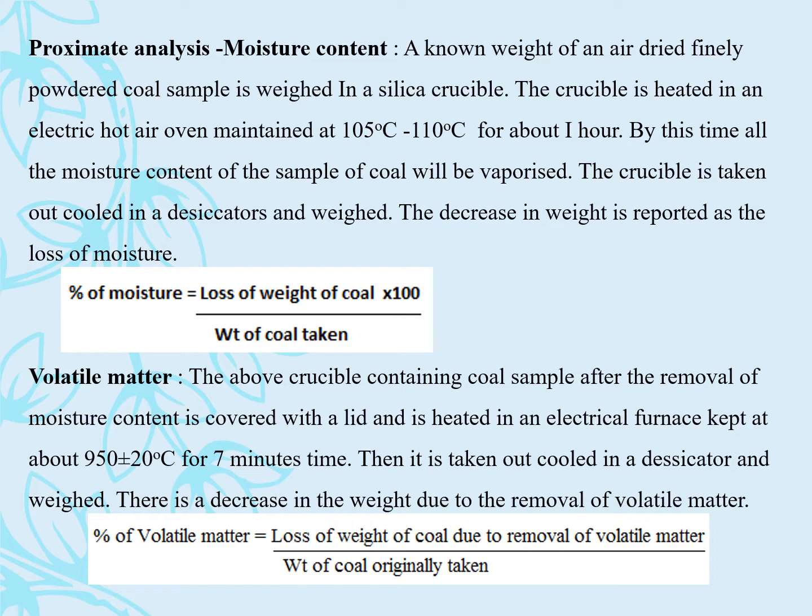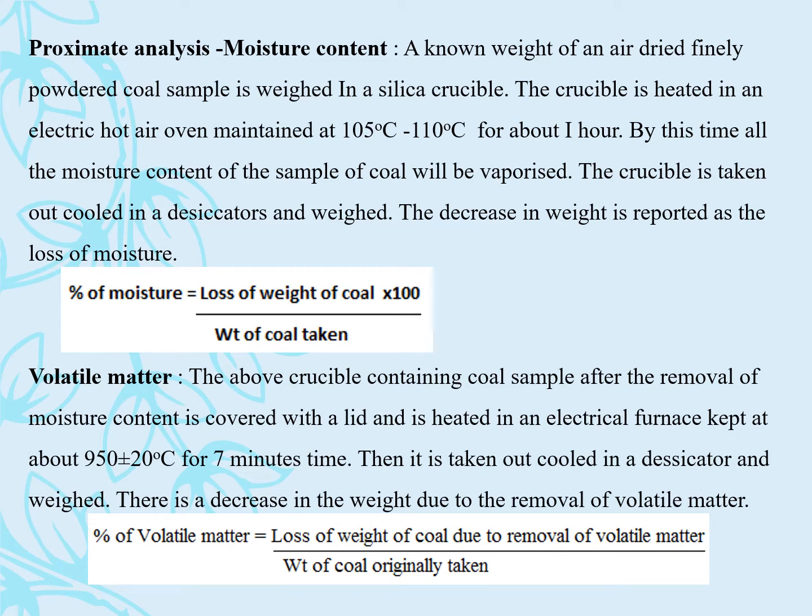It is then taken out, cooled in a desiccator and the crucible is weighed. Now there will be a decrease in the weight, and we assume that it is due to the removal of volatile matter.